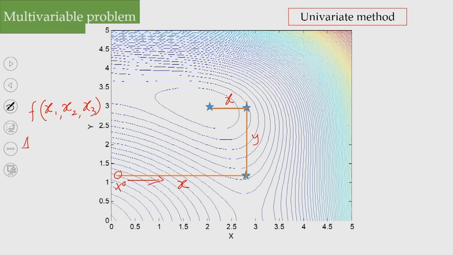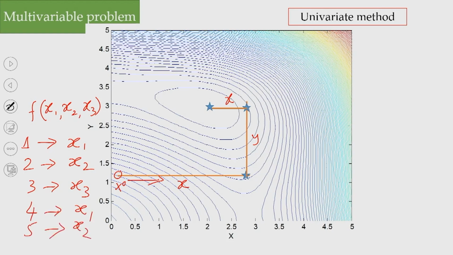In the first iteration you go along the x1 direction, in the second iteration along x2, in the third iteration along x3, and then if you are not getting your optimal solution, in the fourth iteration you again go along x1, in the fifth iteration along x2, and so on.